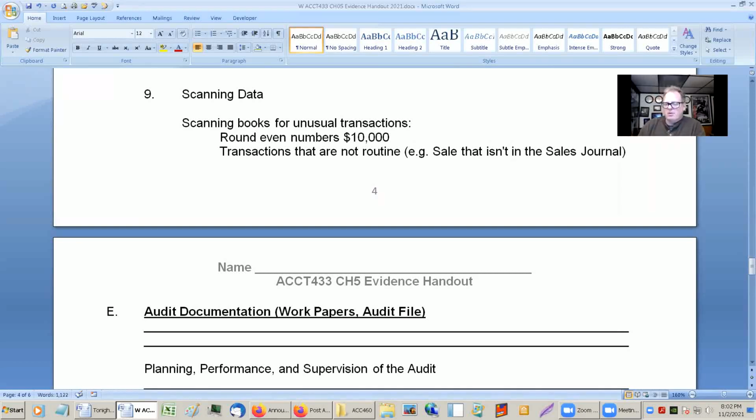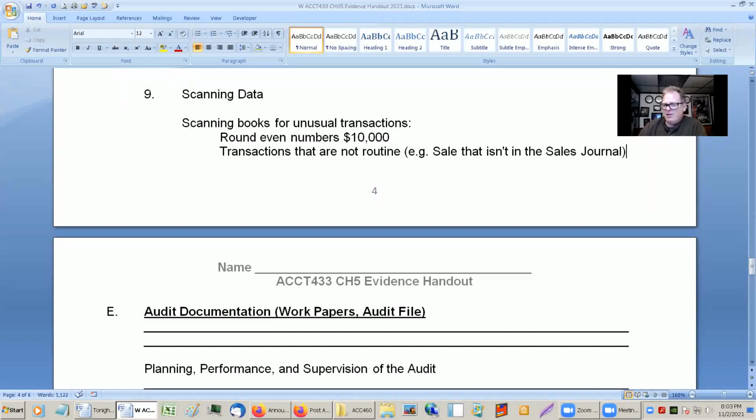So, most sales will go through the sales journal. You have a sales journal, the journal will feed into the general ledger, right? Well, if you have a sale that doesn't go through the sales journal, that's unusual. There might be a reason for it, but at the same time, those are the things you investigate because it is unusual that a sale would not go through the normal channels.